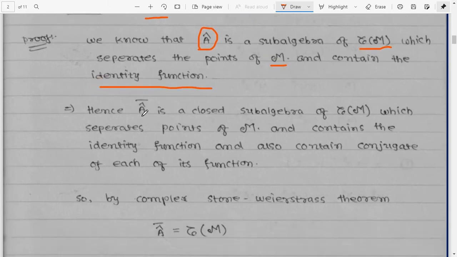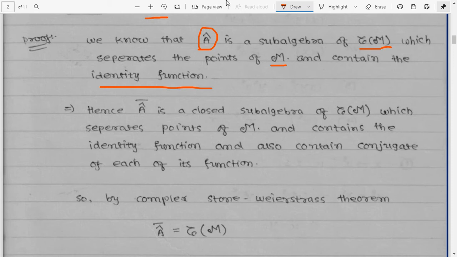Hence, the closure of A cap is a closed subalgebra of C(M) which separates points of M, contains the identity function, and also contains the conjugate of each of its functions.